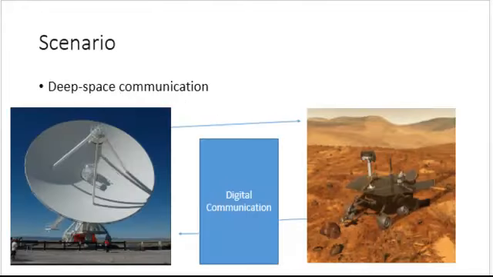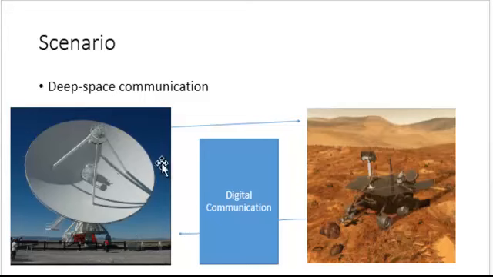Well, we'll see one of the applications. So this is one of the simple examples with respect to digital communication. Here, if you notice, two different types of digital components are there. So this is one type of deep space communication, and it is one type of point-to-point communication between the Earth station and the robot that is there on the surface of the distant planet.